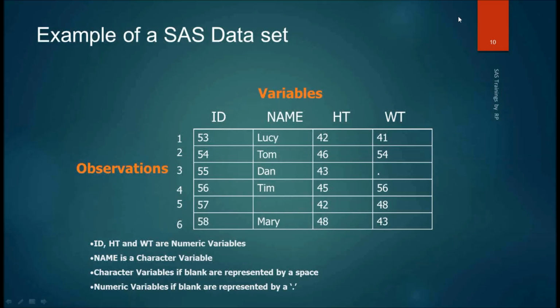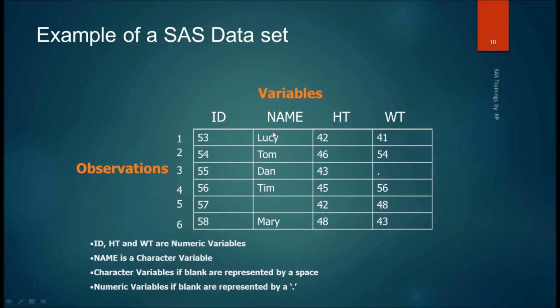If you see the example of a SAS dataset here, we have 4 variables and 6 observations. The 4 variables are ID, name, HT, and weight, presented vertically, and the 6 observations, 1, 2, 3, 4, 5, 6, are presented horizontally.